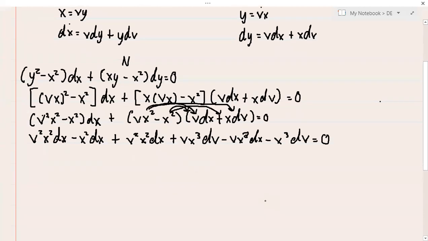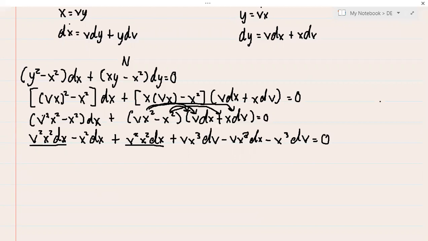Now, we're going to simplify this one. Let's combine similar terms muna. So let's take a look kung may mga similarities. So ito, v squared x squared dx, which is yung first term. Tapos ito, yung third term, both of them are very similar because they are actually the same.